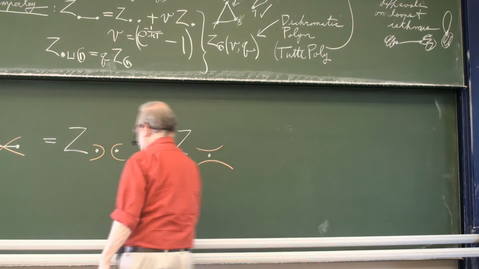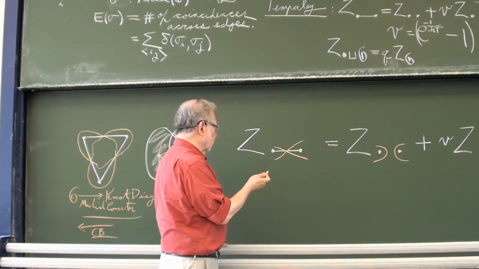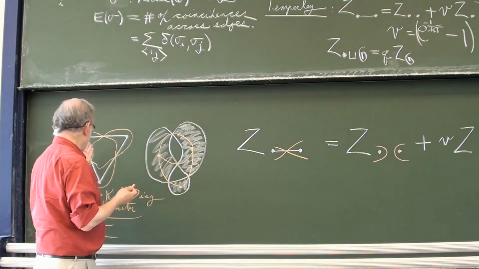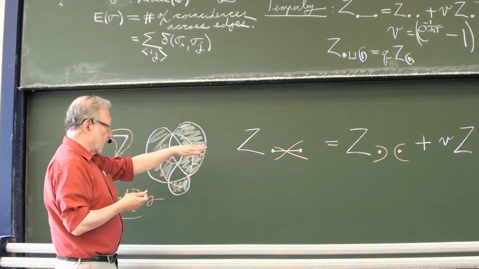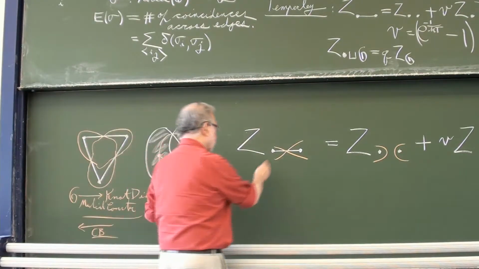And so you see that the bracket recursion idea of smoothing in the two ways is actually what happens if you take the dichromatic or deletion-contraction algorithm and translate it into the medial construction.